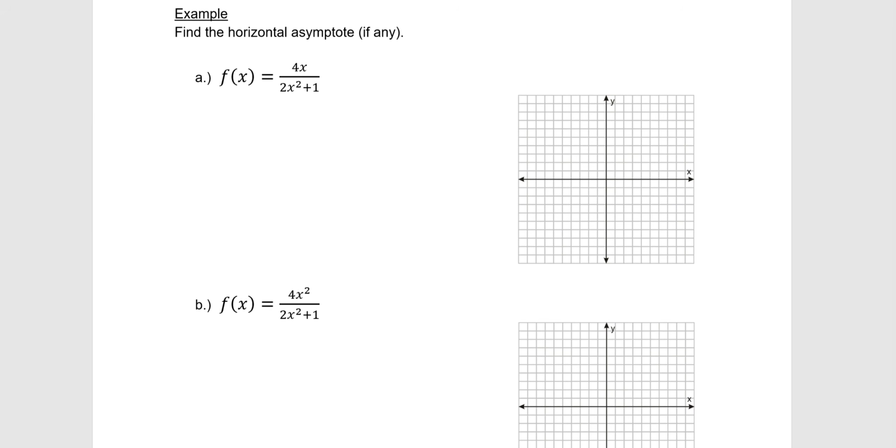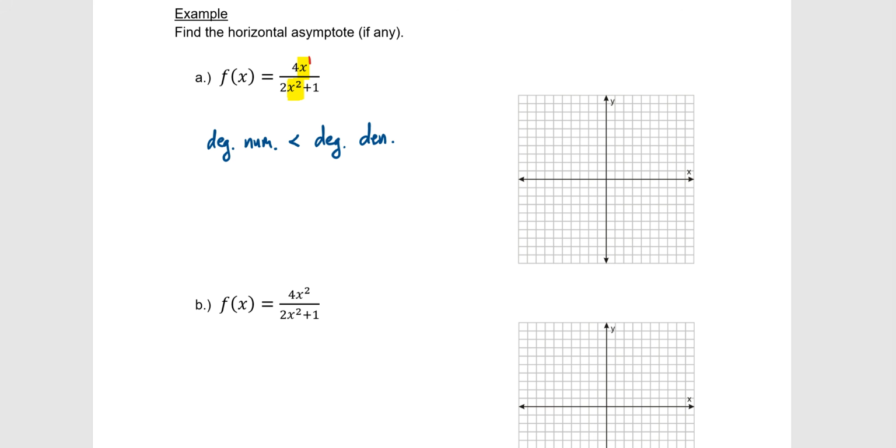First one, we have f of x is 4x over 2x squared plus 1. All we have to do here is look at the degree in the numerator and the degree in the denominator, so the largest exponents here. We notice that the degree in the numerator is 1 because that is the exponent on the variable, and the degree in the denominator is 2 because that's the exponent on the variable.